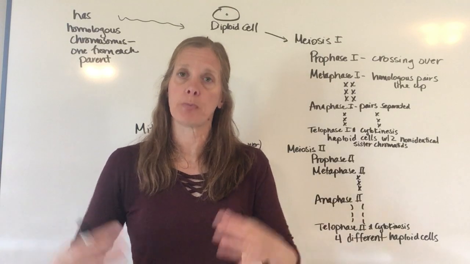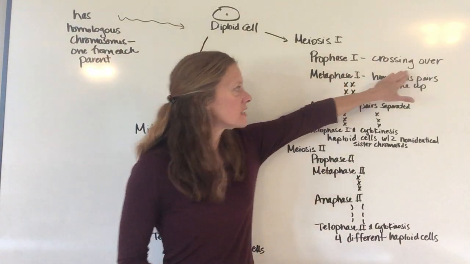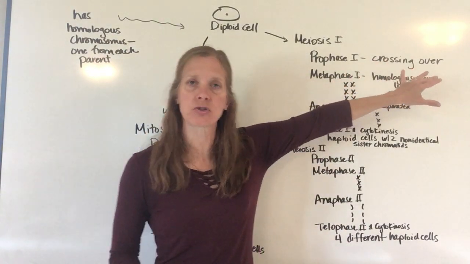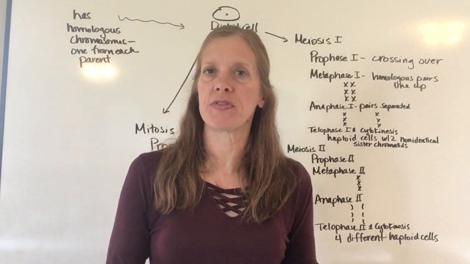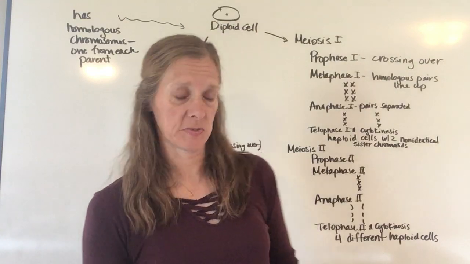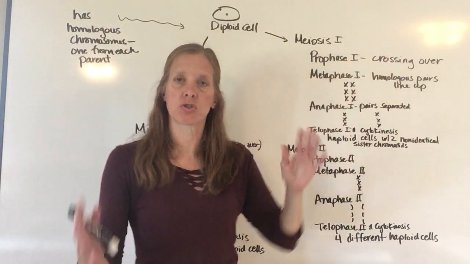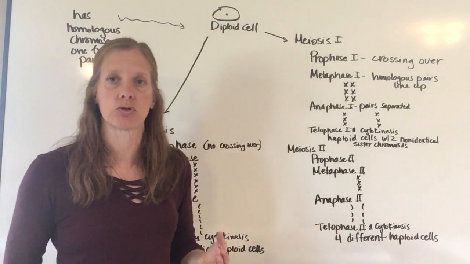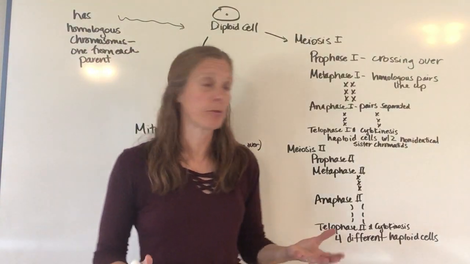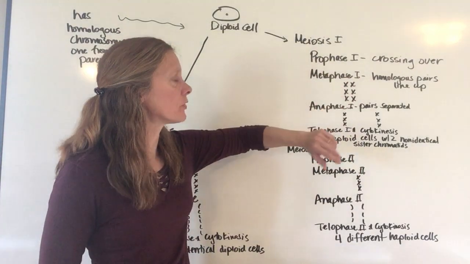You've got traits from both of them. And it is this crossing over stage that allows organisms to pass on certain traits, but they're not making exact duplicates of themselves. So when these chromosomes start crossing over, that allows for all the variety we see in all of the different creatures that reproduce sexually. So that crossing over happens.